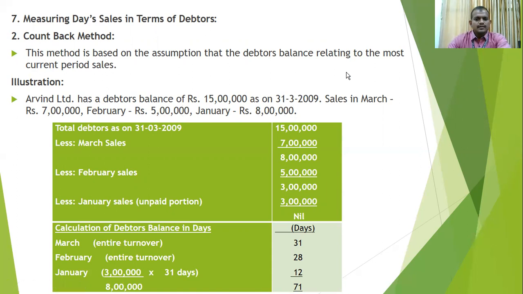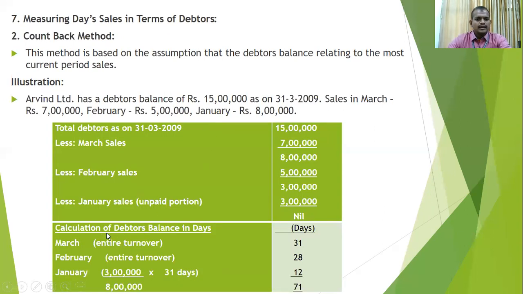See, total debtors 15 lakhs and we have to deduct the March sales 7 lakhs and then February sales 5 lakhs. Finally, January sales, only the unpaid portion remains, 3 lakhs. So 3 lakhs is the unpaid portion. Okay, so in this 8 lakh, 5 lakh were paid.